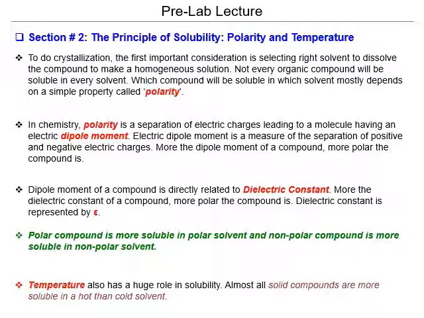And nonpolar dissolves nonpolar. A polar solvent will dissolve a polar compound, and a nonpolar solvent will dissolve a nonpolar compound. Water will dissolve compounds that are very polar, whereas hexanes will dissolve compounds that are not as polar or are not polar at all.